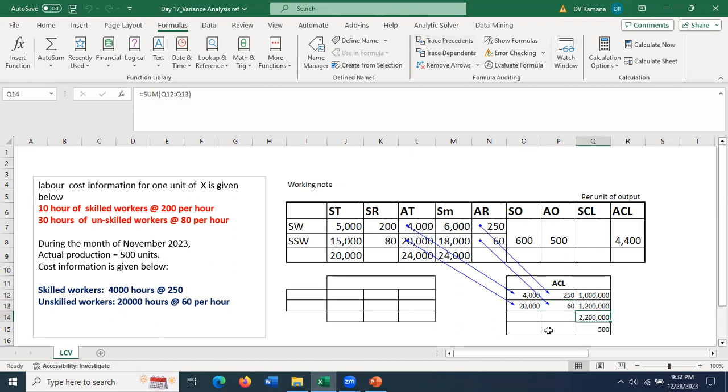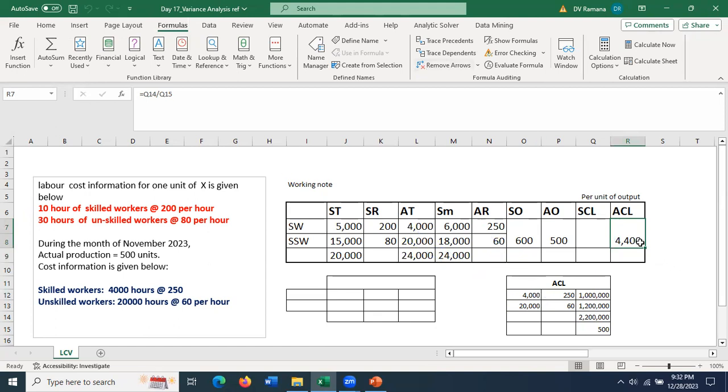So the total labor cost is 2.2 million, and the actual output is equal to 500. So the actual cost of labor per unit of output is 4,400.